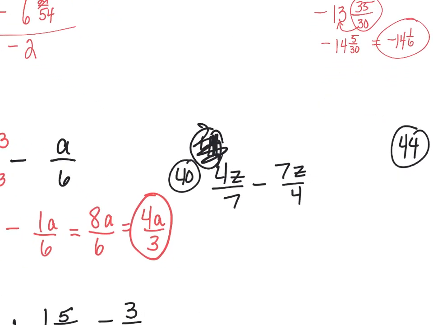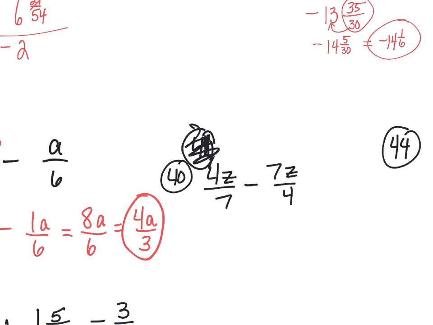Okay, number 40, common denominator between 7 and 4 is 28. So I'm going to multiply that by 4 and that by 4. So we get 16z over 28. I'm going to do plus negative, multiply this by 7, this by 7, and we get negative 49z over 28.